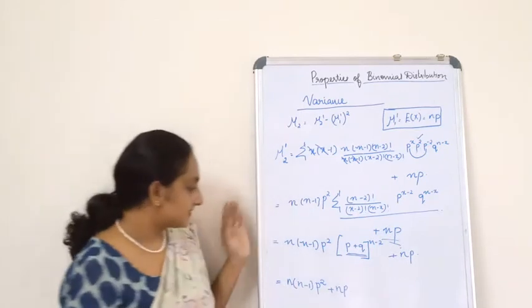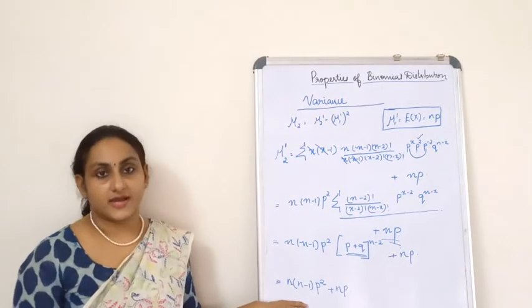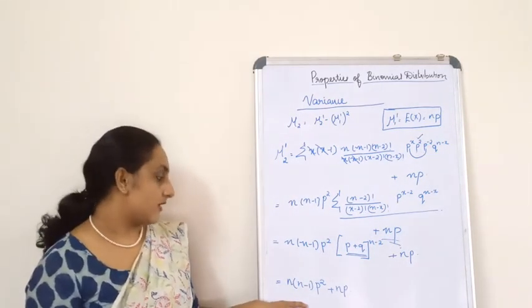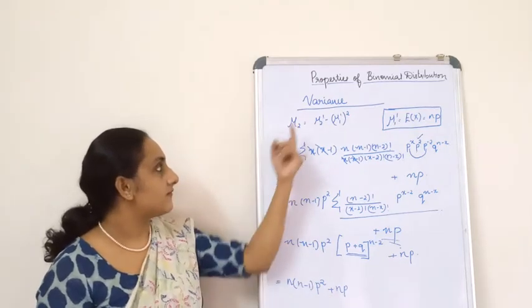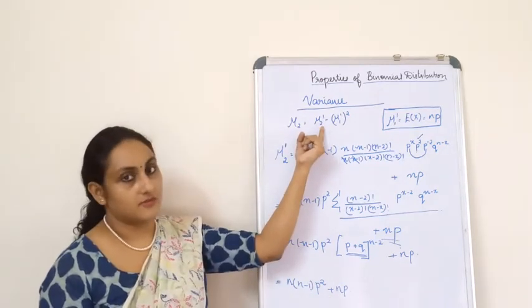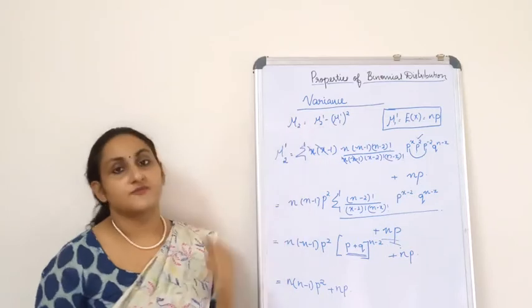So this is your mu 2 dash. Okay, now you have to substitute this value in this formula, only then you will get the variance.